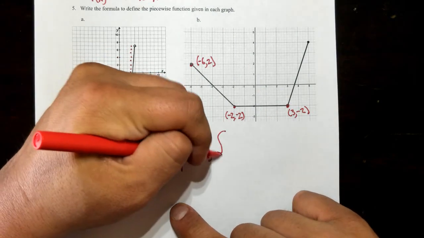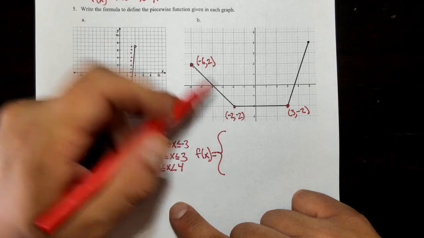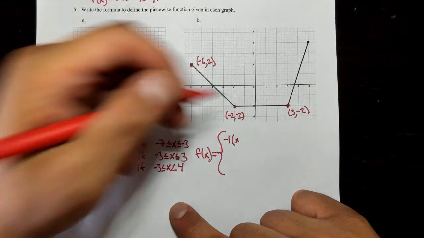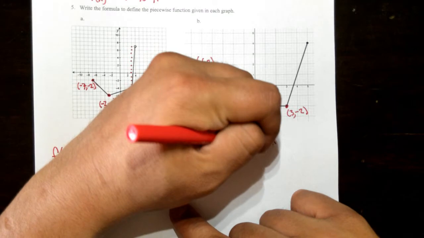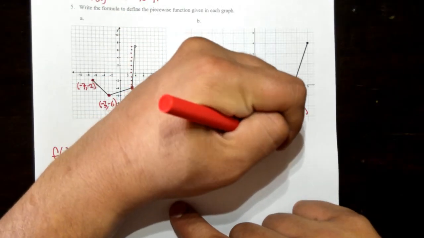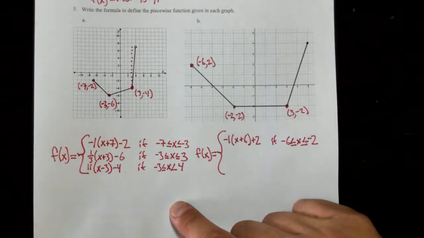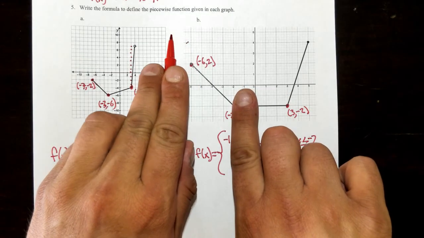The slope for the first line is -1 and my reference point is (-6, 2), so it's -1 times (x plus 6) plus 2, if x is between -6 and -2, because that's just this section right here between my fingers.